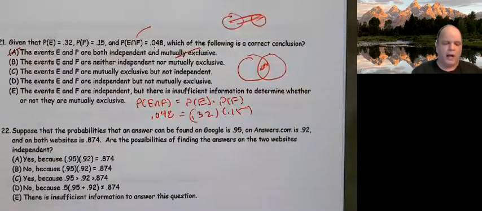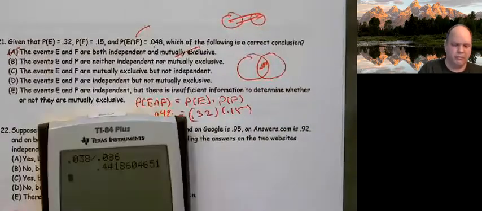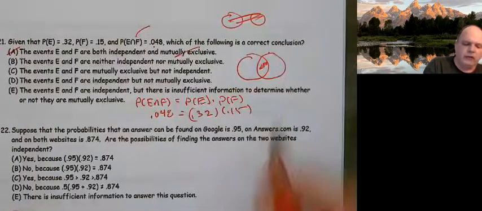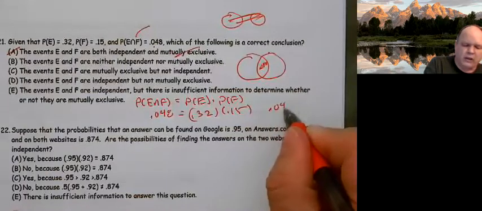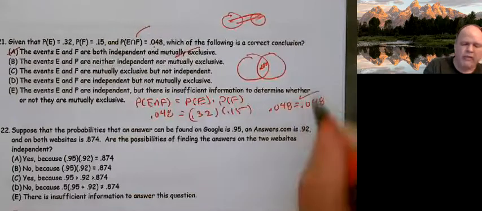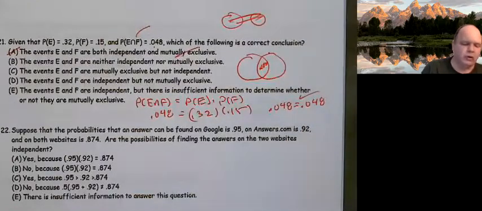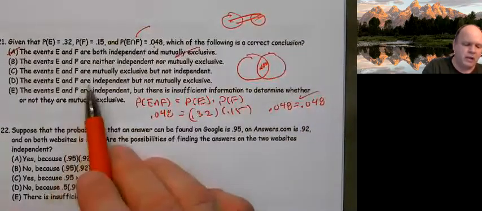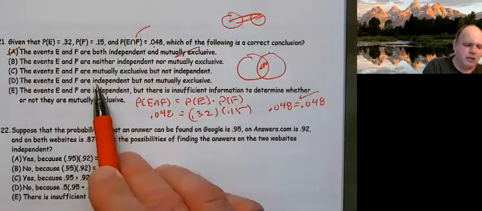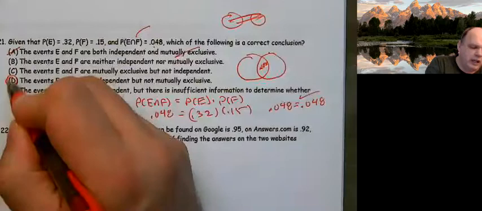So when I multiply them, 0.32 times 0.15, I end up getting 0.048. And since 0.048 equals 0.048, they are independent. So in this case, they are independent, but they are not mutually exclusive. Independent, but not mutually exclusive is letter D.